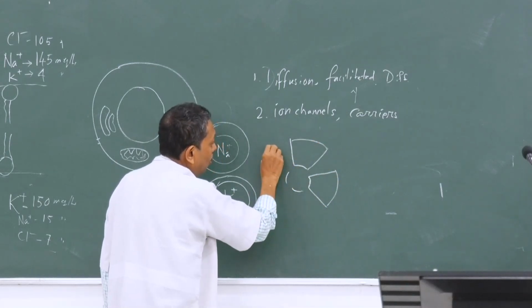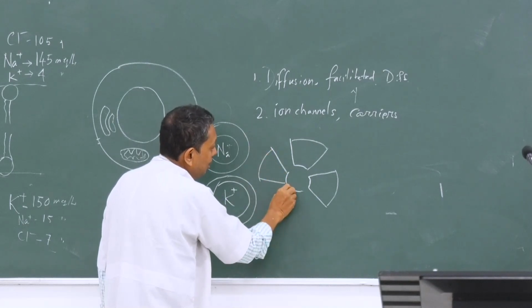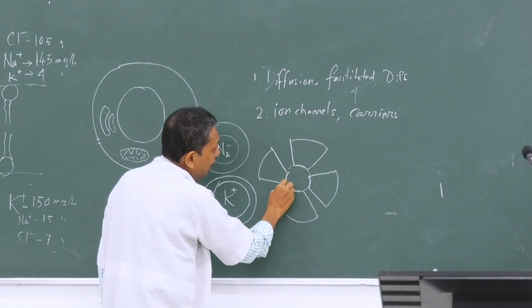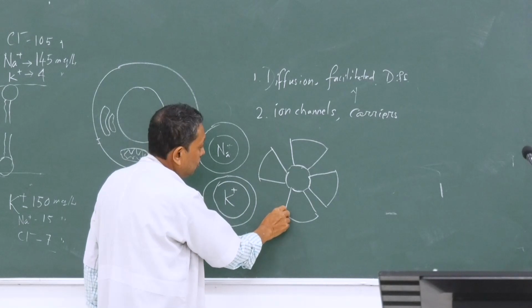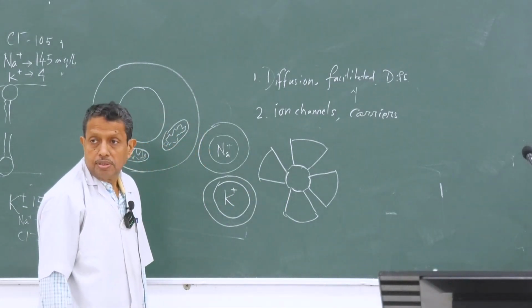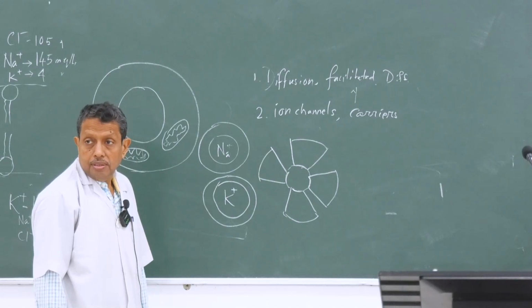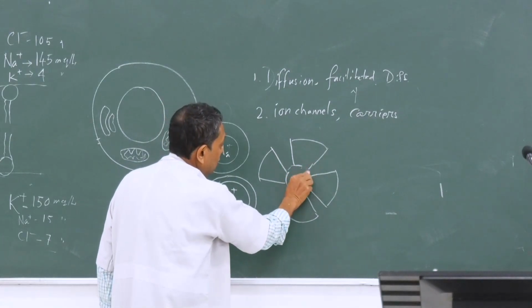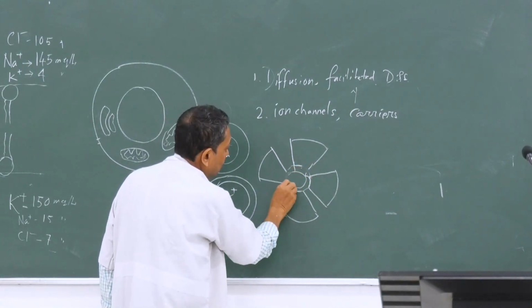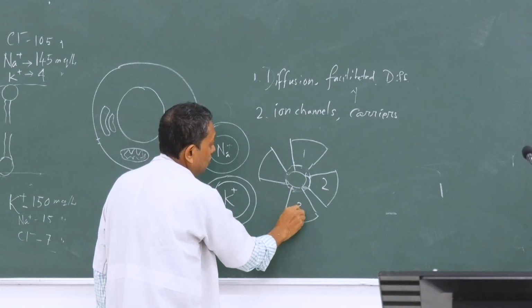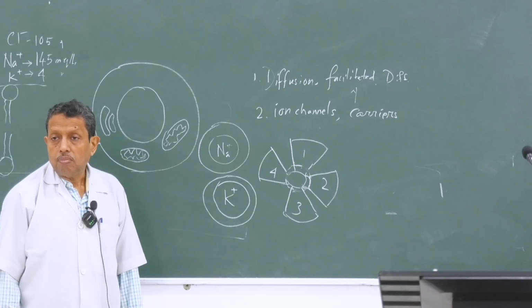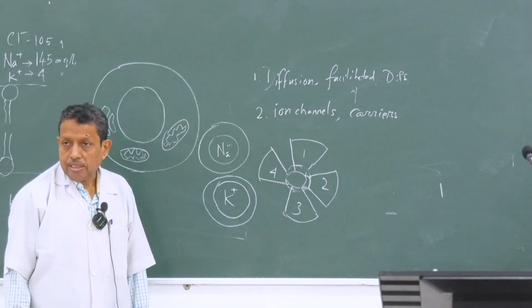They may be similar, or exactly similar, and they all take part in forming this. The subunits are disposed in this way so that they form the pore. They come together to form the pore: 1, 2, 3, 4. In this way they form. There may be separate peptides in the case of potassium channels.